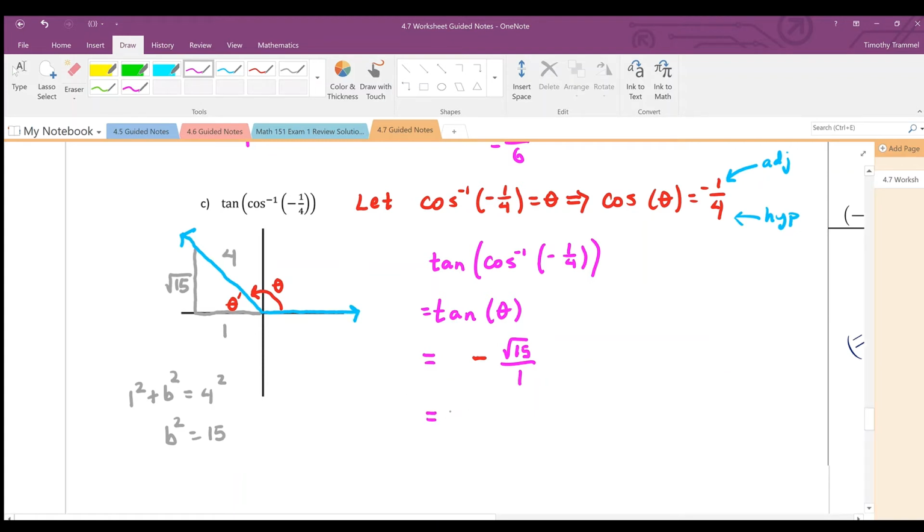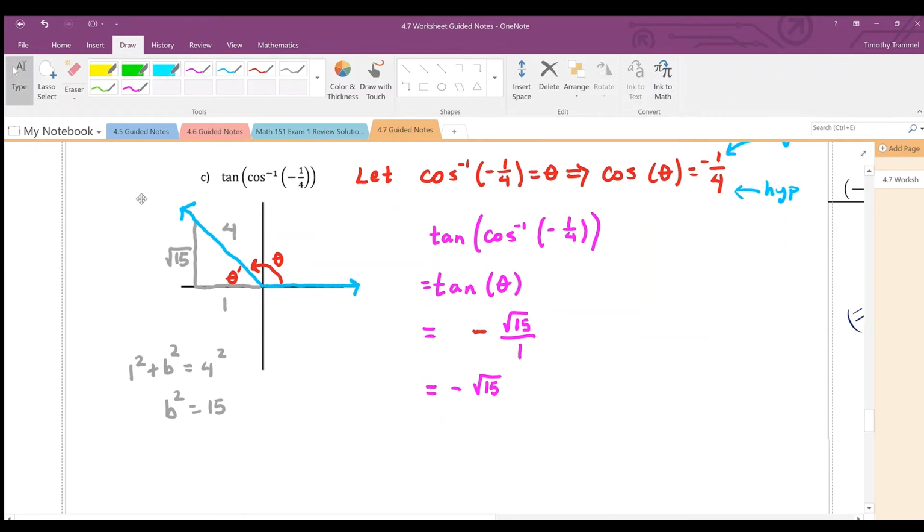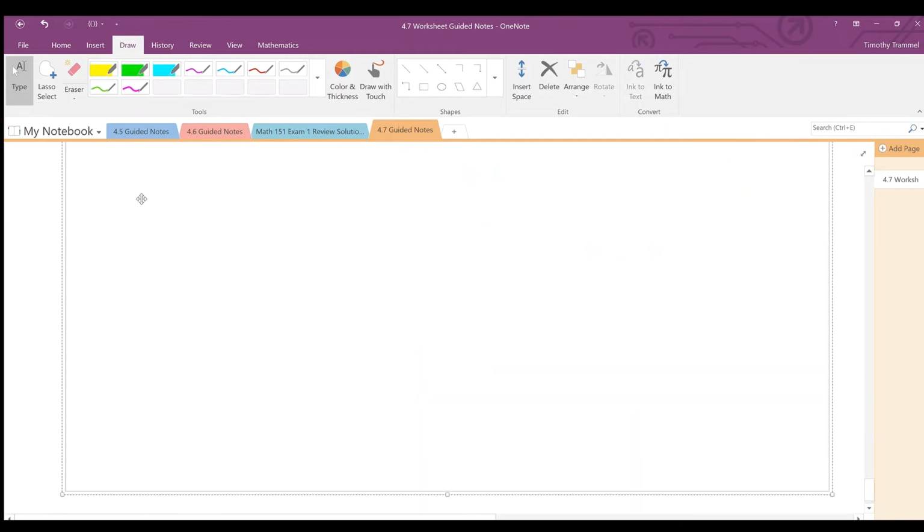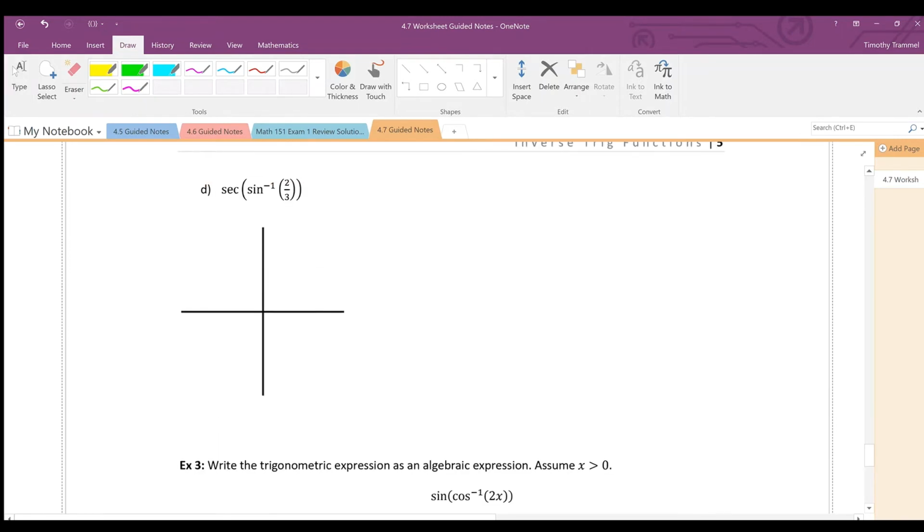And so our answer is minus the square root of 15. It wouldn't be a bad idea to try and mimic this exact process that we did here for the next one. But yeah, I think it'd be worthwhile if you feel ready for it to pause the video and try out part D.